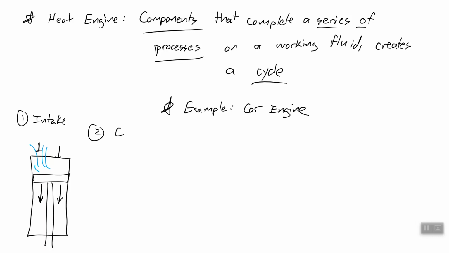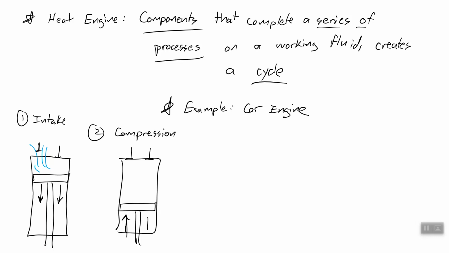Okay, once it's pulled it in, then we do another process, compression. So now both valves at the top of your cylinder are closed, and now your piston is pushed up by the other pistons that are expanding. We'll see that in a second, but this is being pushed up. And as it's being pushed up, it's compressing the air. So the pressure and the temperature of the air will increase in this process.